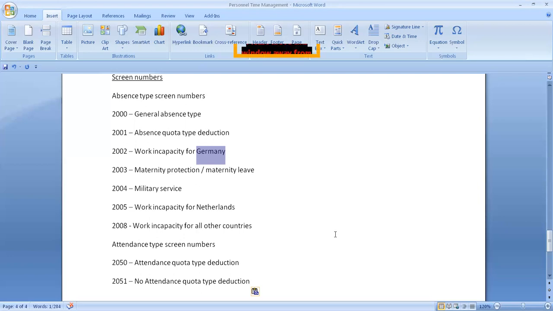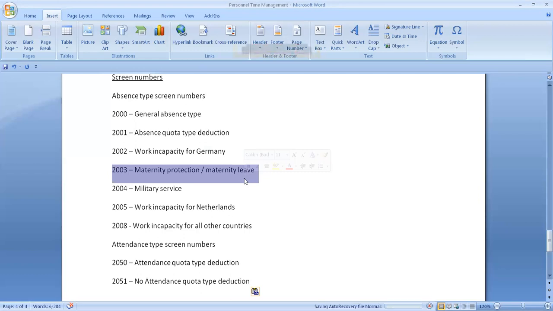So you can use the 2000 screen for LOP, loss of pay. You can use the 2003 screen, maternity protection, for maternity leaves.